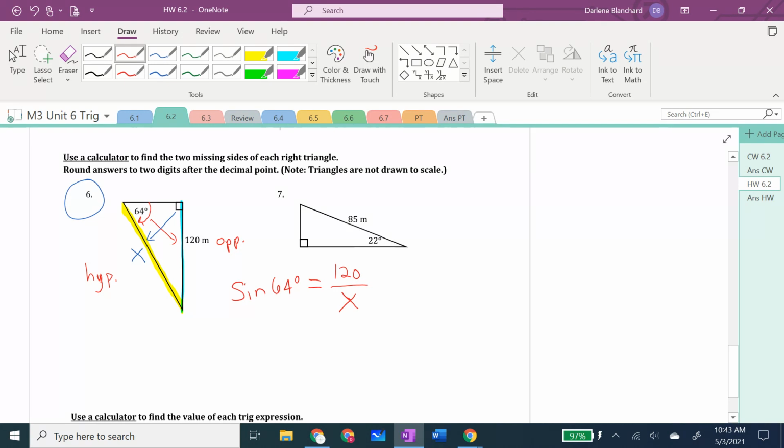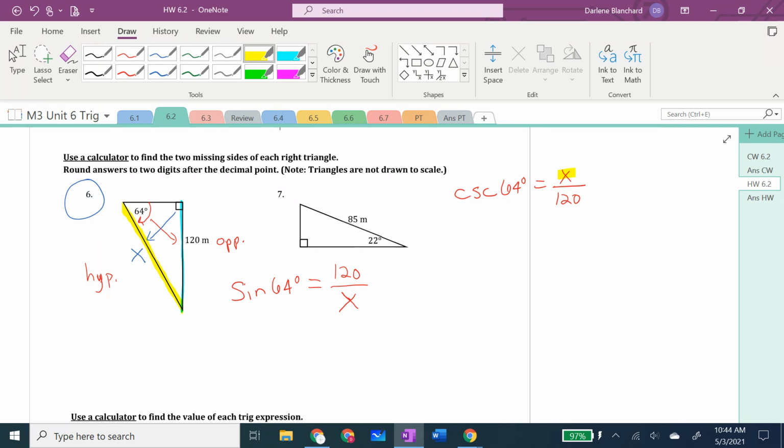However, you could also have used sine's reciprocal function. Cosecant of 64 degrees allows x to be in the numerator, and some people find that easier to work with. But you do either one, just get a correct answer is all that's required.